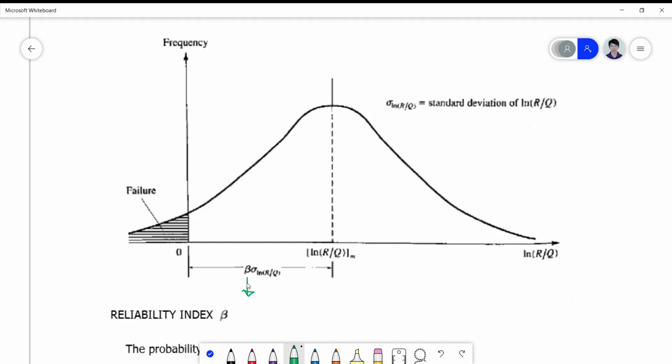So beta is simply the multiples of such distances from the origin up to this.